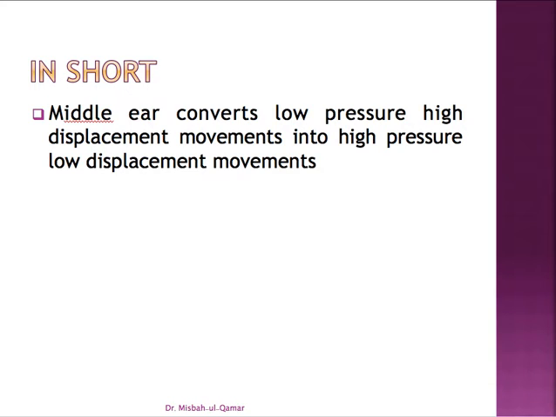How does the ossicular lever system help? The length of the handle of the malleus is way greater than the long process of the incus. So that lever action magnifies the energy around 1.3 times.